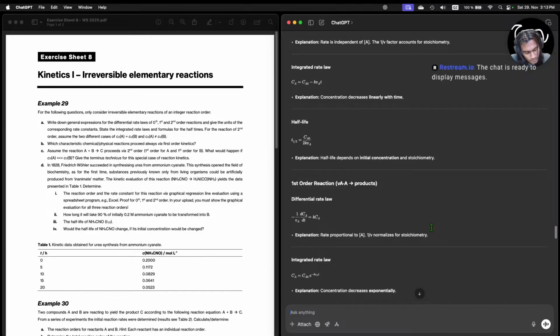Reaction rate, reaction proceeds, or convert themselves.